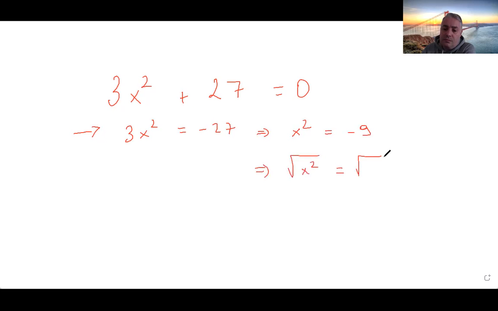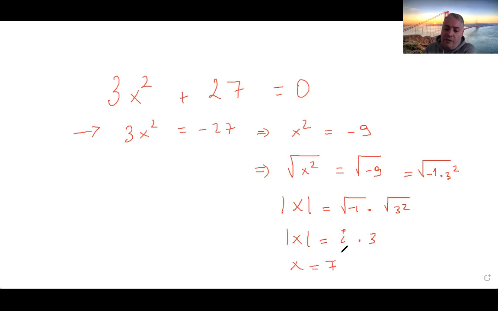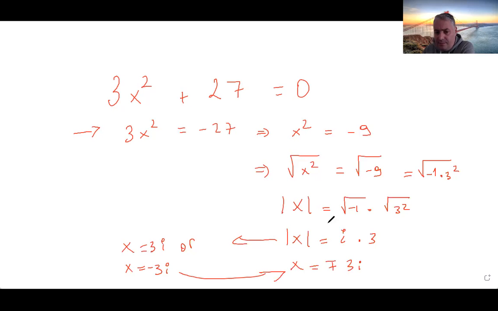It's going to be x equals 3i. Normally we say x is 3i or x is negative 3i, and then you can say that's it.